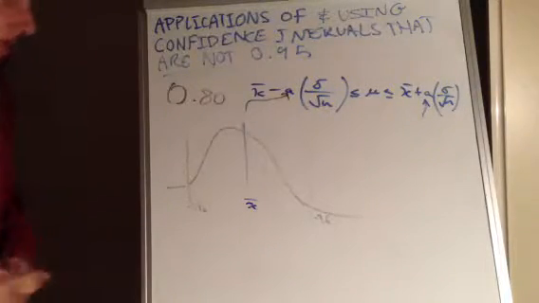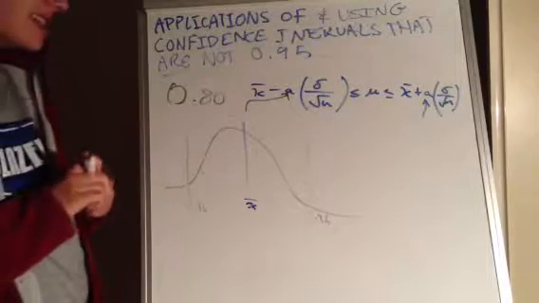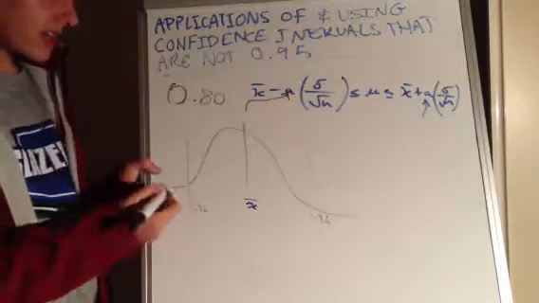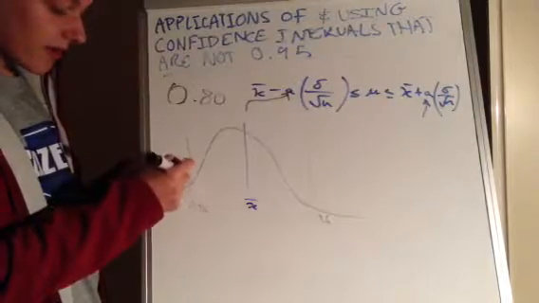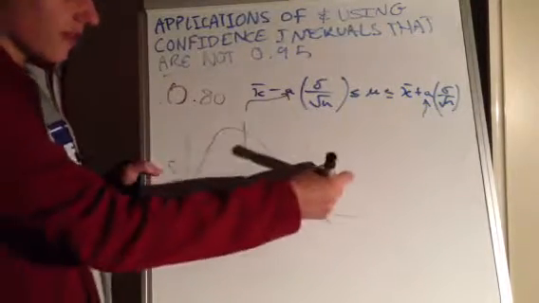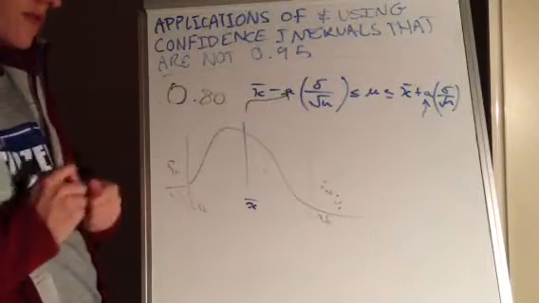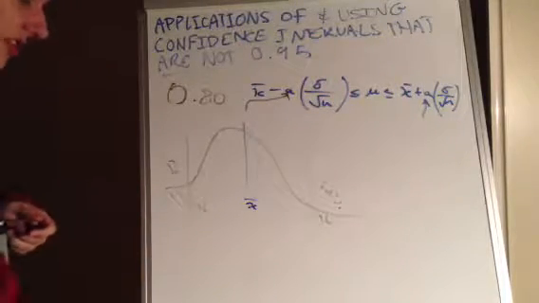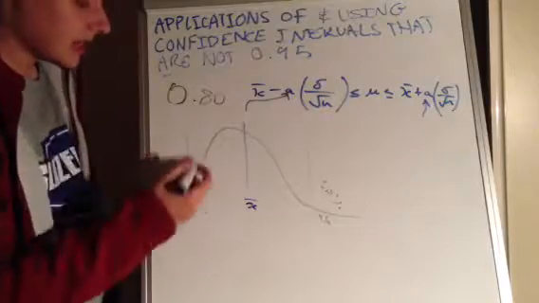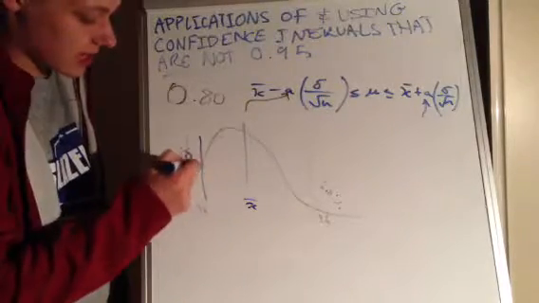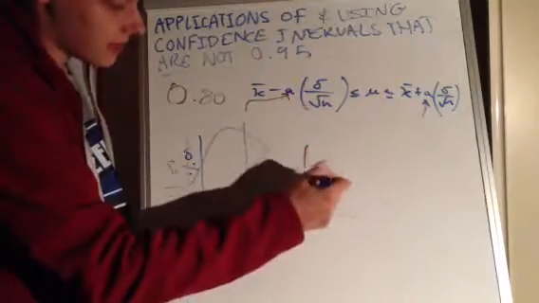Okay, so now when we consider the 80% confidence interval, we're actually saying that instead of having 2.5% down there and 2.5% down there, like with the 95% confidence interval, we're going to have 10% on either side. So we're going to have 10% there and 10% there.